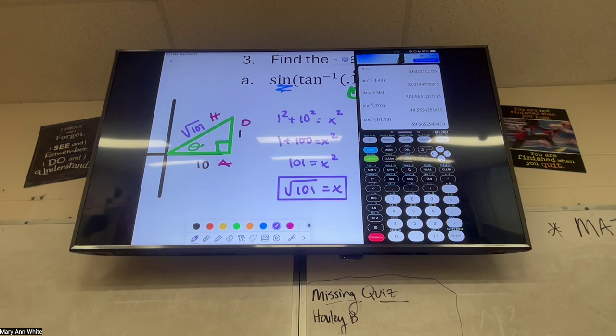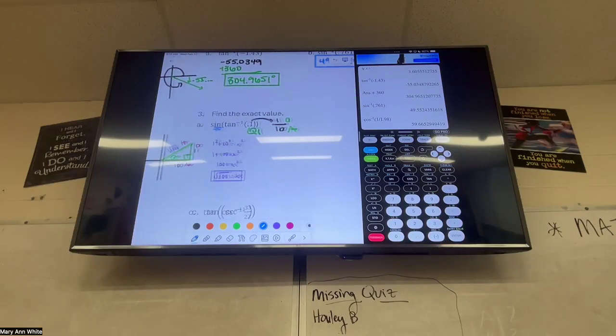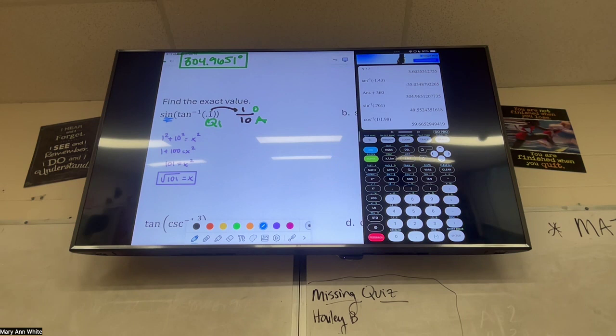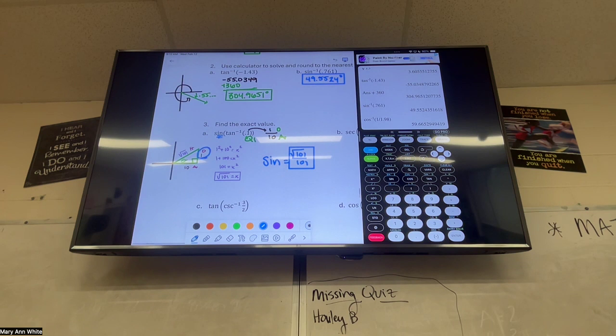And now that I have my pieces, we can do sine easily, right? We can do opposite over hypotenuse. I will make it rationalized, so I will make it root 101 over 101. But that would be my answer right here. It would be 1 over root 101, and I rationalize by multiplying by root 101 on top and bottom.